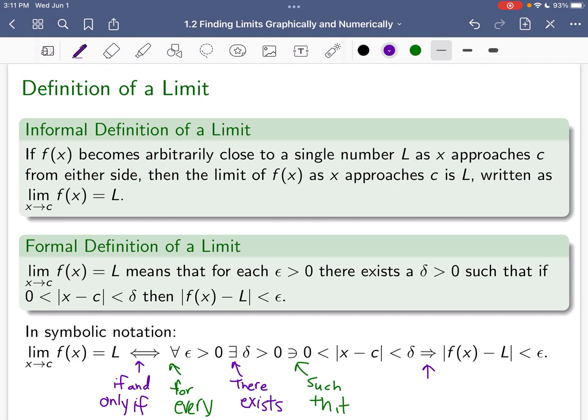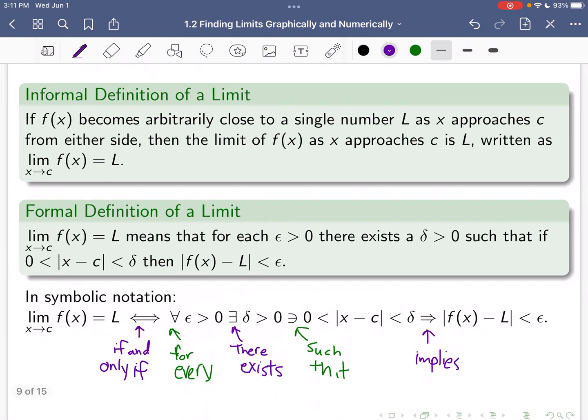This double arrow in a single direction implies that the absolute value of f of x minus L is less than epsilon. So that's our formal definition of a limit.